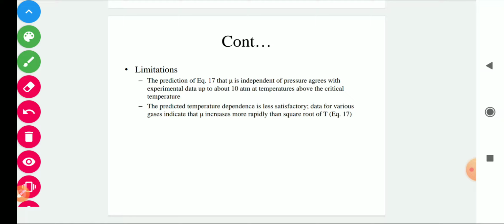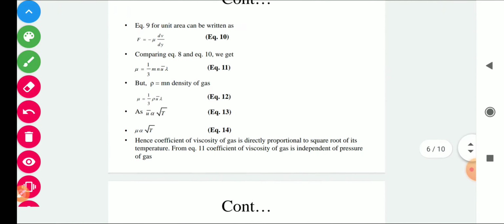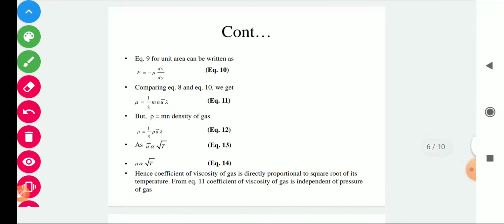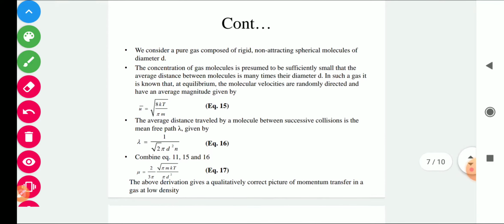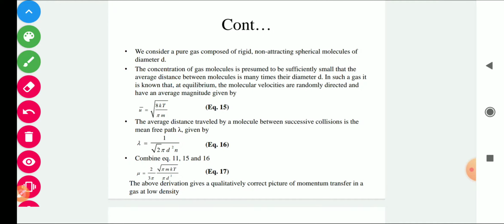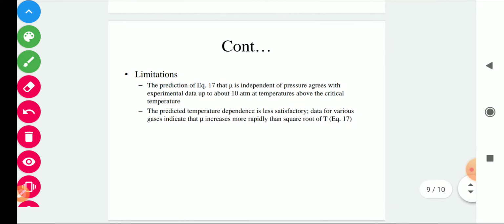Data for various gases indicate that mu increases more rapidly than the square root of T. Again, in equation 14 or equation 17, the temperature dependency of viscosity is the square root of the temperature, but it was found that viscosity increases much more rapidly than the square root of temperature. So these are two limitations of this theory.